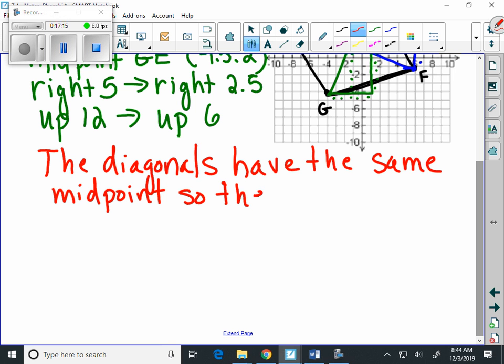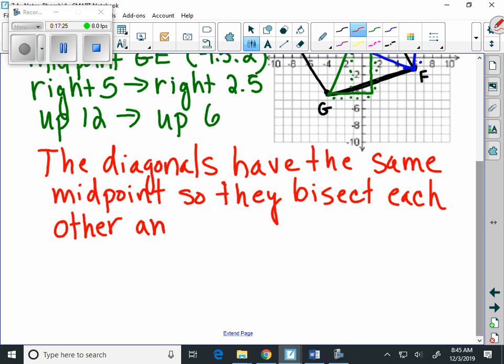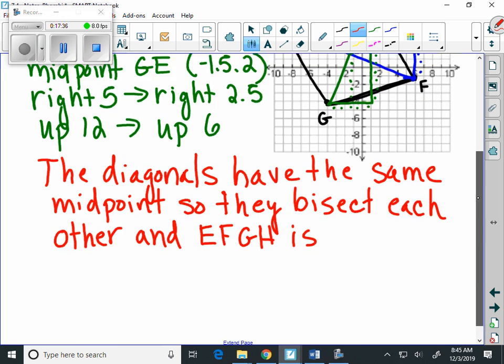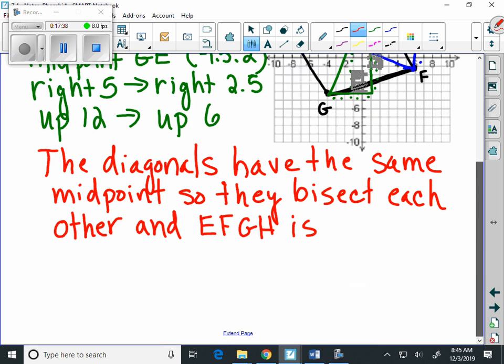So they bisect each other. And EFGH is a parallelogram.